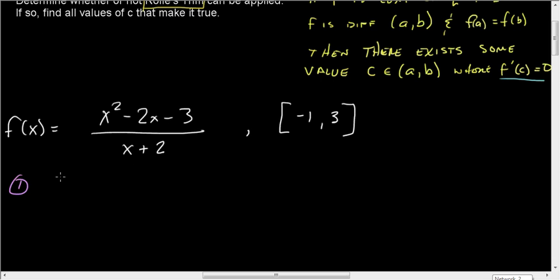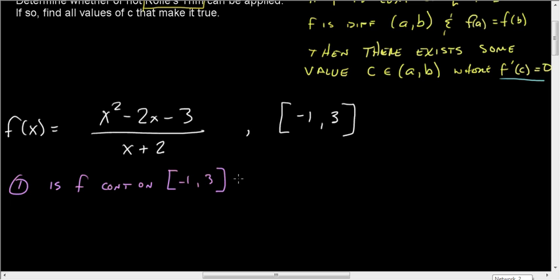So 1, is f continuous on [-1, 3]? Now I keep referencing this, and eventually I'll look it up and maybe do a short video on it, but by and large, if the two functions that make up a rational function are continuous, then the rational function is continuous, so long as the bottom is not 0.